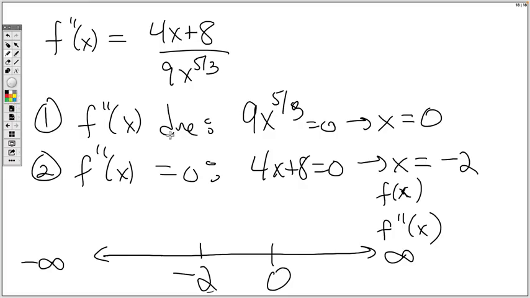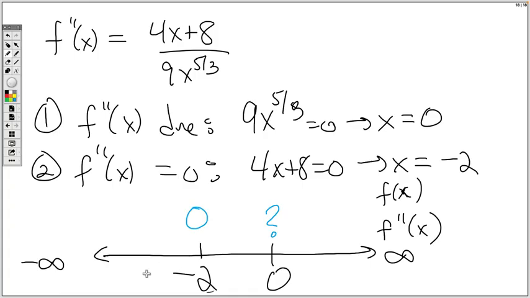So once again, the second derivative doesn't exist at 0, so I got a question mark there. And hopefully that's no big surprise, because the first derivative didn't exist. So if the first derivative isn't continuous, then the second derivative can't be continuous there. You follow? So hopefully that makes sense. In other words, once you lose an x value from a derivative, it's never coming back. It's gone for good. All right.